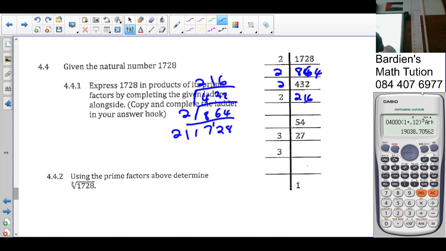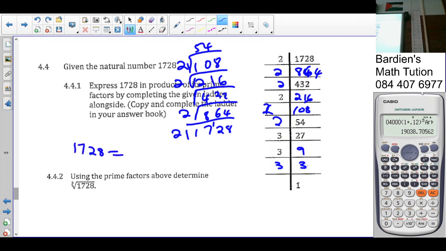Yes, sir. 216 divided by 2 is 108. Divided by 2, it'll give you 54. Divided by 2, 27. 27 divided by 3, 9. 9 divided by 3, 3. 3 divided by 3, 1.